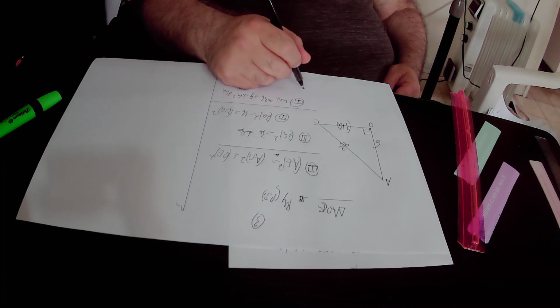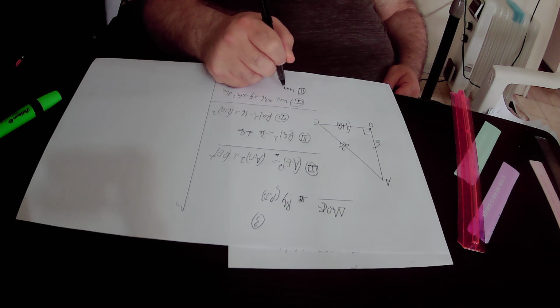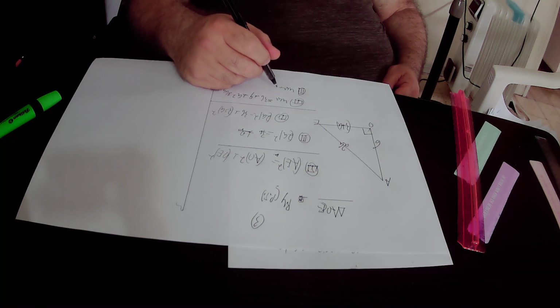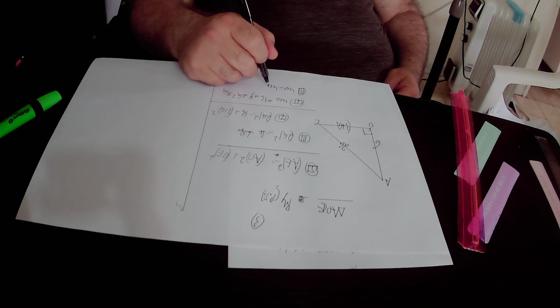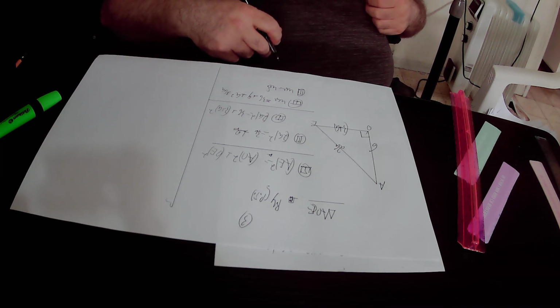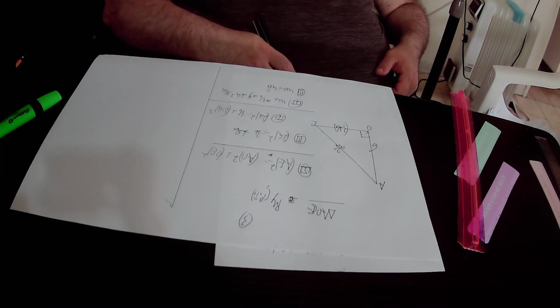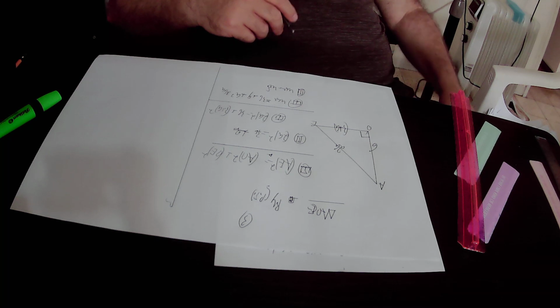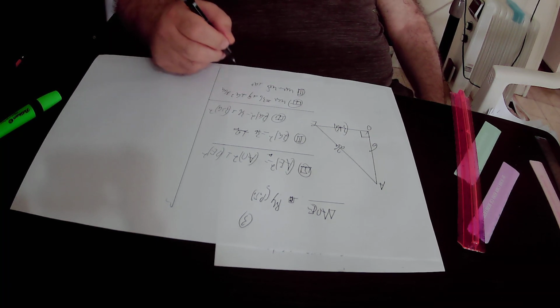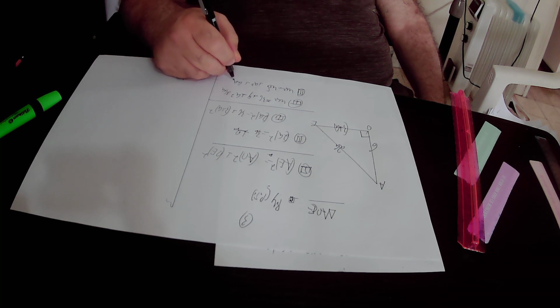So 4A squared equals 36 plus 9, that is 45, plus A squared plus 6A.